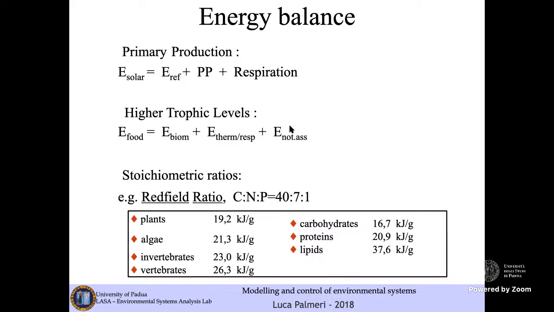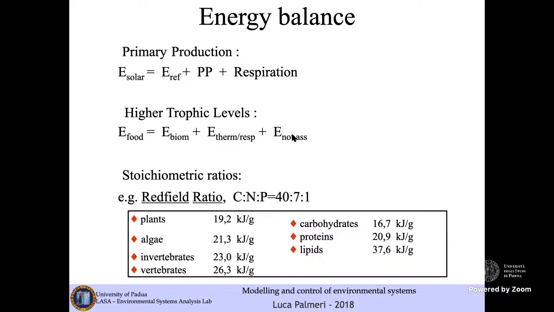This way of looking at the energy balances also allows us to recognize that all organic matter or biomass has, if you want, uniform characteristics, and these uniform characteristics are described by the stoichiometric ratios, so the proportions between the elements that make up organic matter, in particular here carbon, nitrogen, and phosphorus.